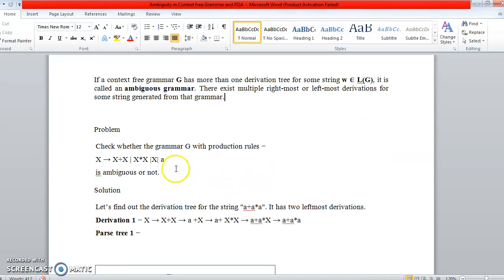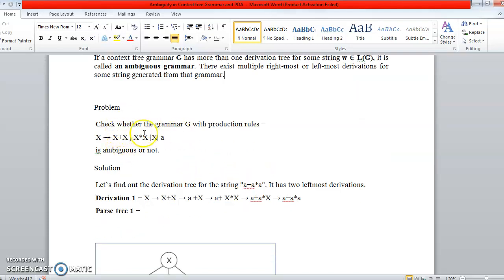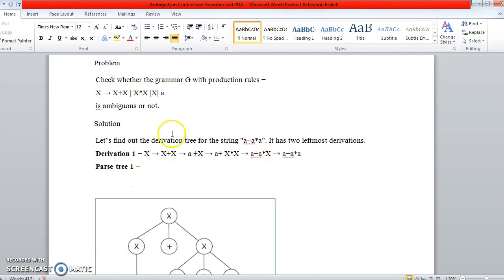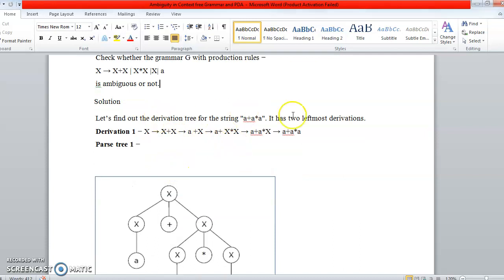So here is the problem. Now check whether the grammar G with these given production rules is ambiguous or not. So for this I choose the leftmost derivations to have this string.